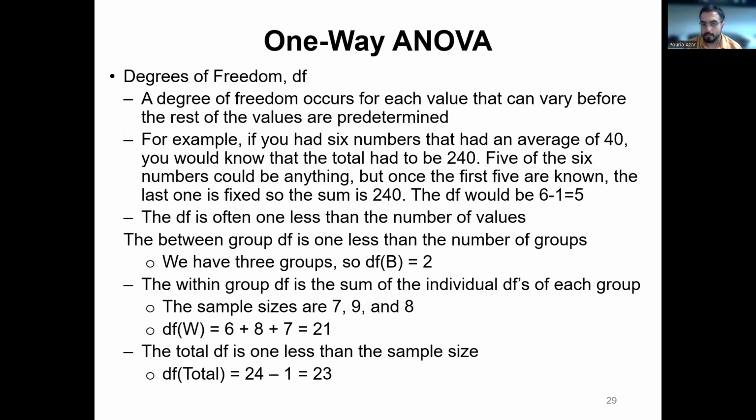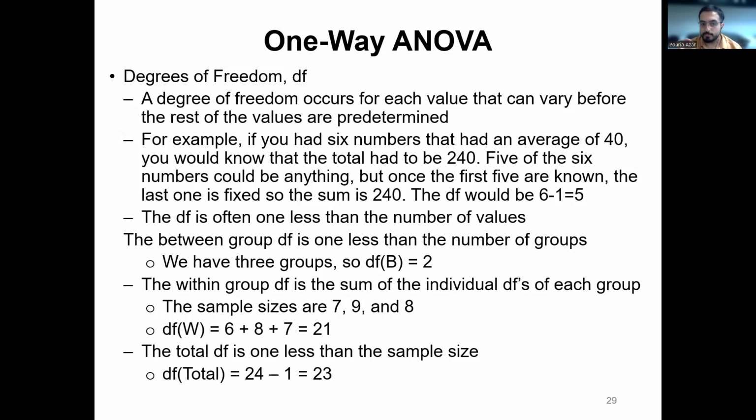So the sum is 240. The degree of freedom would be 6 minus 1, or 5. The degree of freedom is often 1 less than the number of groups. So we have 3 groups. The degree of freedom for between is 2.